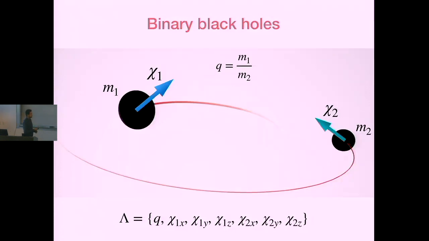So in total, there are 7 parameters that we care about, which is the mass ratio and then a spin for each black hole. So that's a total of 6 spin components. So that's a 7-dimensional problem that we want to solve and be able to predict the gravitational waveform for any given set of black holes and their spins.